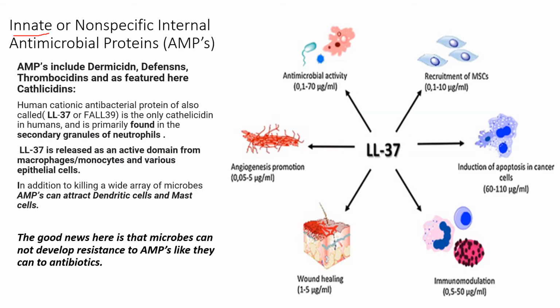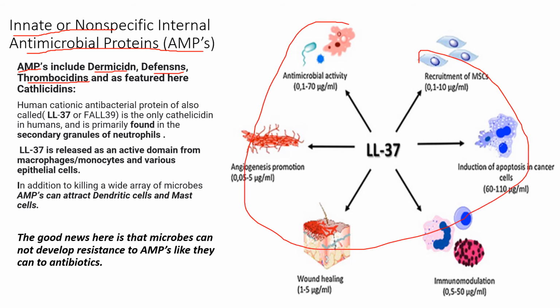Then we have innate or non-specific antimicrobial proteins. These are specific AMPs, including dermcidin, defensins, thrombocidins, and featured here in this picture are the cathelicidins. Human cationic antibacterial protein, also called LL-37, is the only cathelicidin in humans and is primarily found in the secondary granules of neutrophils.